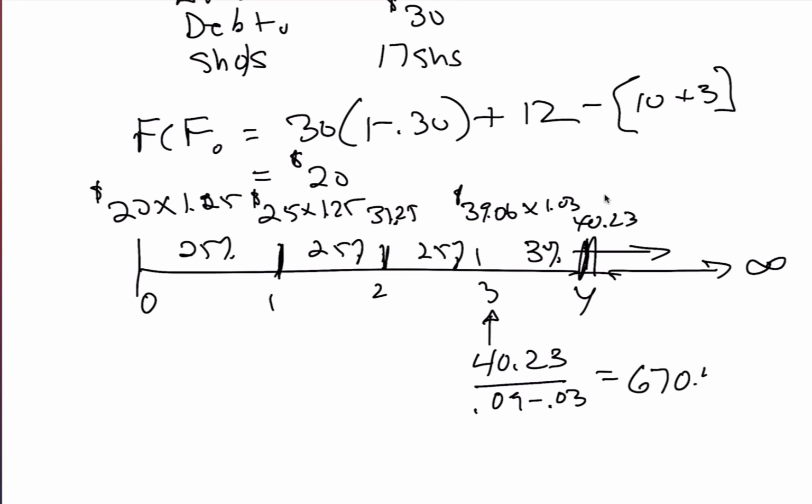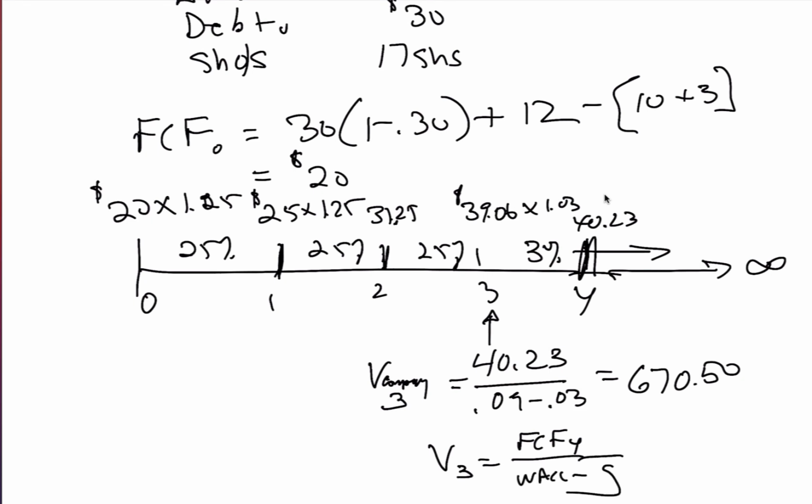That is the value of the company in year 3. So really what I did was I valued the company in year 3 as equal to the free cash flow in year 4 divided by the weighted average cost of capital minus the growth rate. And that's the growth rate that it goes to infinity.